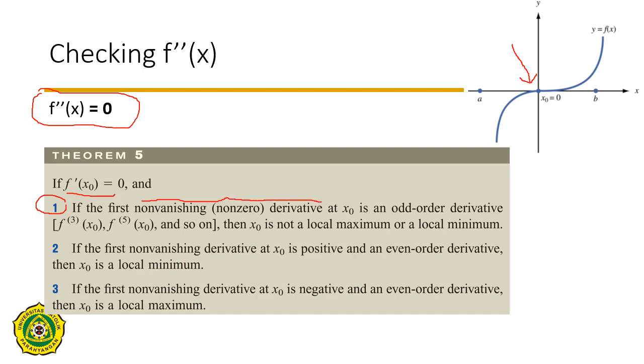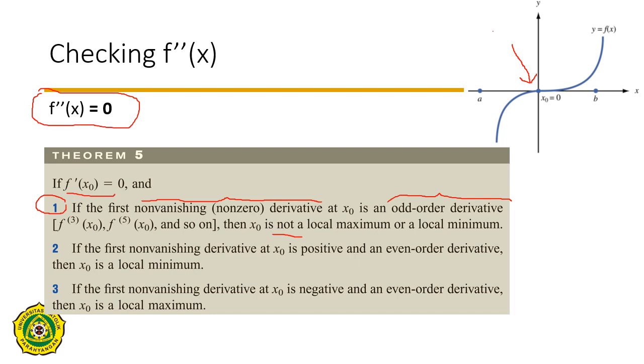If the first non-zero derivative happens at an odd order derivative, like the third order derivative, the fifth order derivative, and so on, it means that the point is not a local maximum or a local minimum.